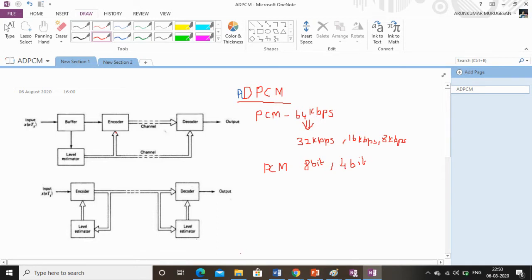Here, in this adaptive modulation, it uses two techniques.